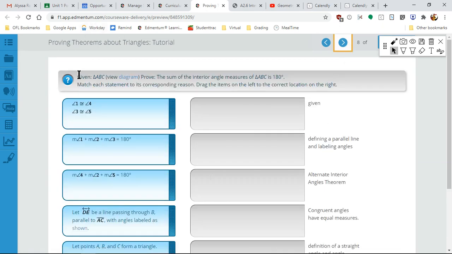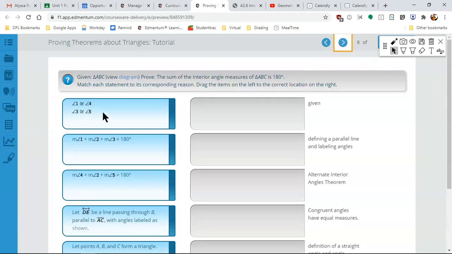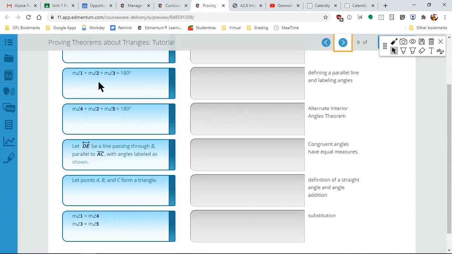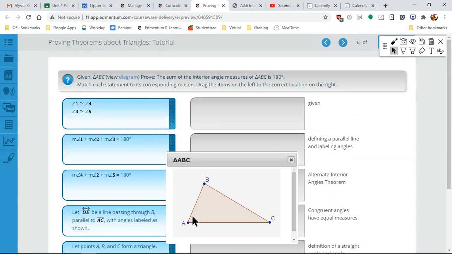All right, so now we're going to list a proof. The first proof says, given this triangle, the sum is equal to 180 degrees. So we're already given a triangle that has 180 degrees. So what are we given? If we look at this diagram, they're talking about this triangle.